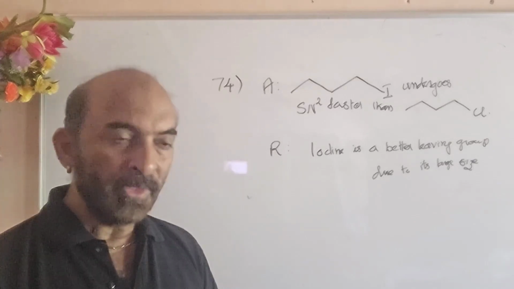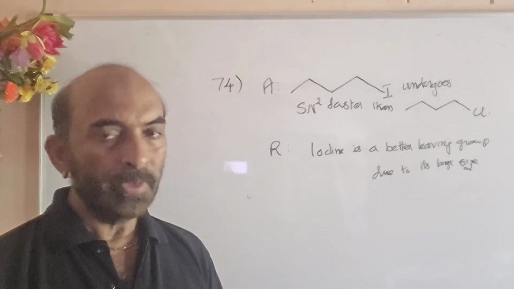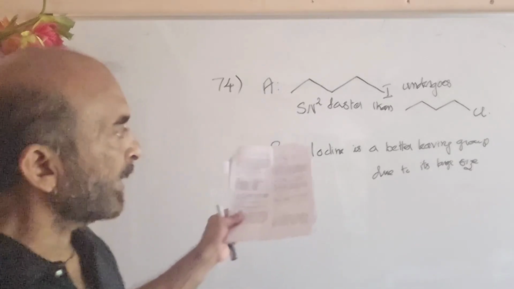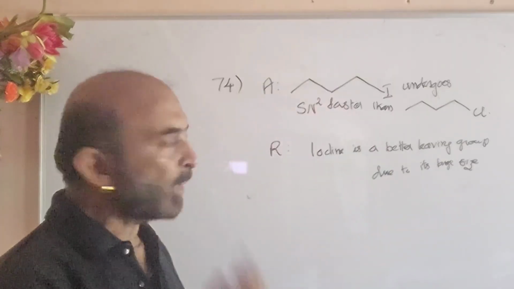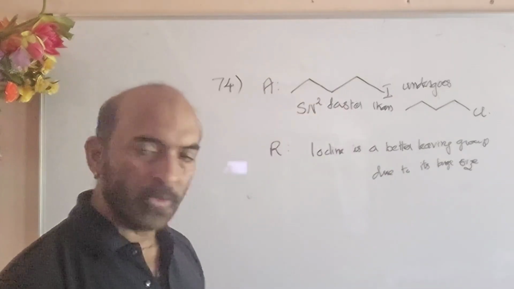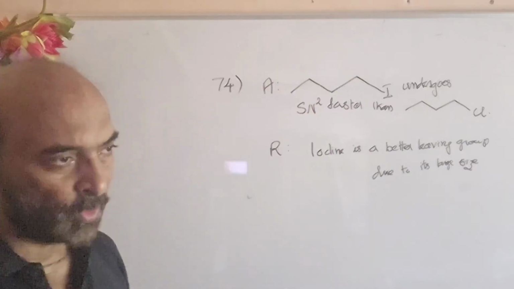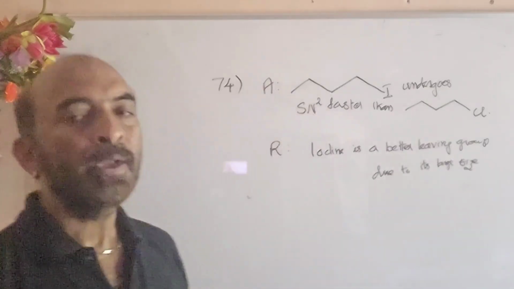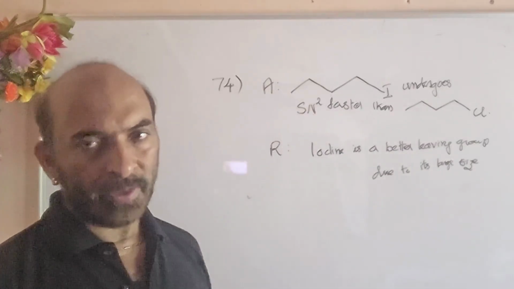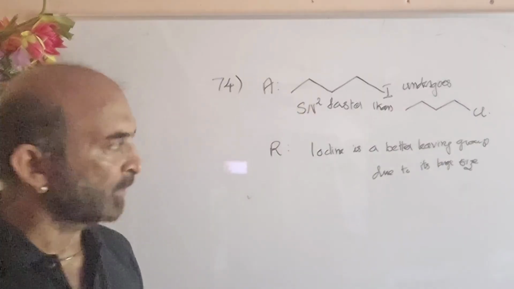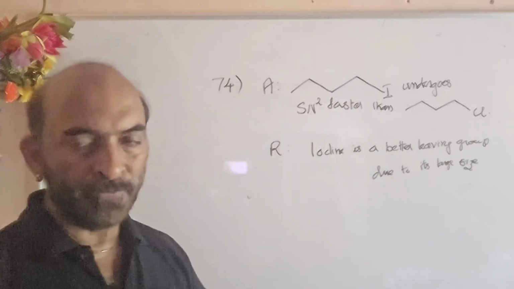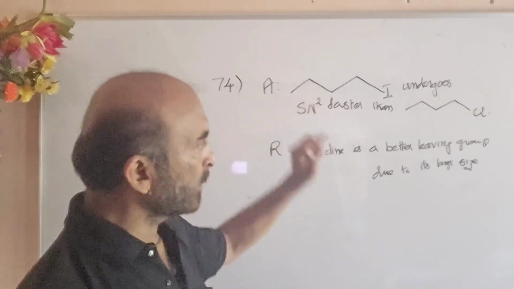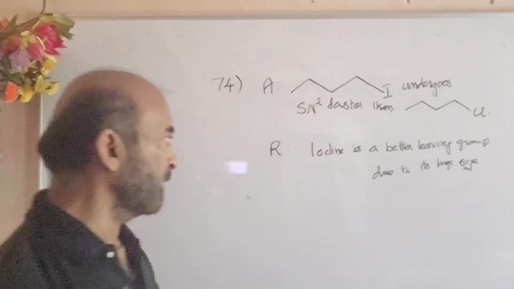Whether it is SN1 or SN2, it is the same. So this statement is correct because iodo reacts faster even in the SN2 mechanism, where a smaller, less bulky leaving group is preferred. But here, due to this experimentally verified statement, the iodo compound undergoes faster reaction in the SN2 mechanism.